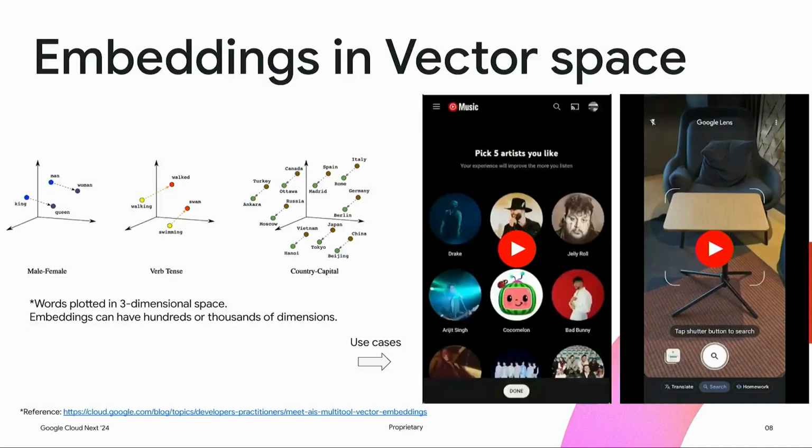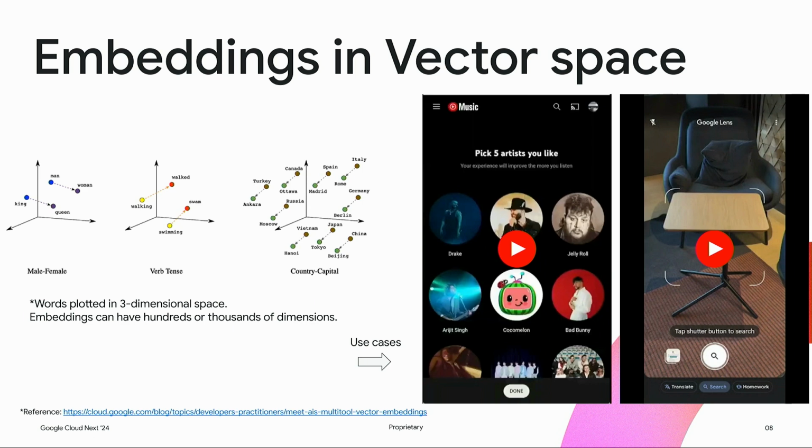For example, if you have man and woman, and king and queen, then man and king are in the same vector space, similarly woman and queen are, and at the same time king and queen are also in the same vector space.